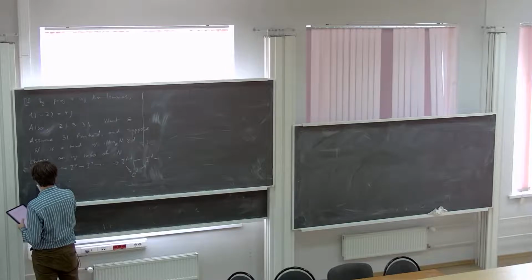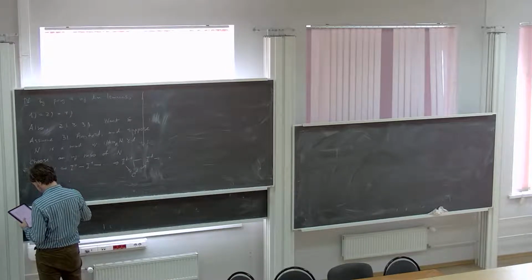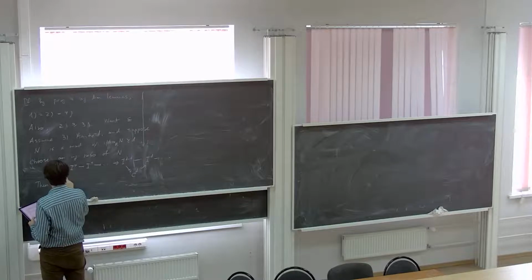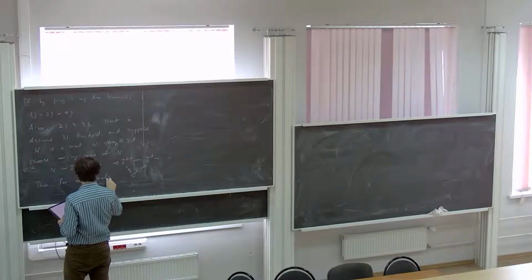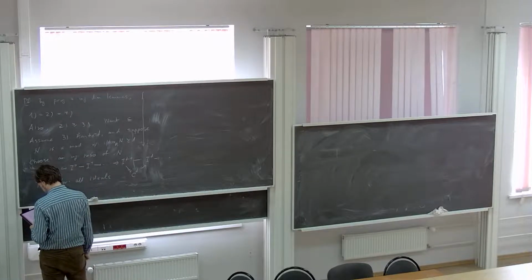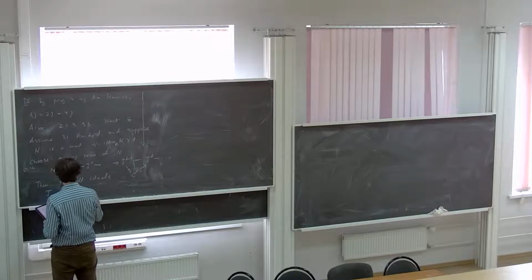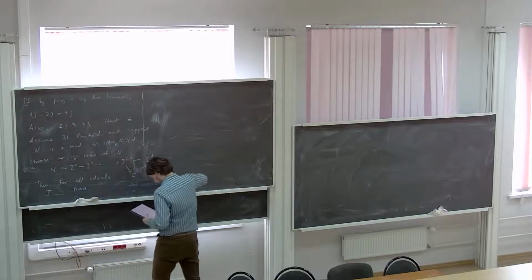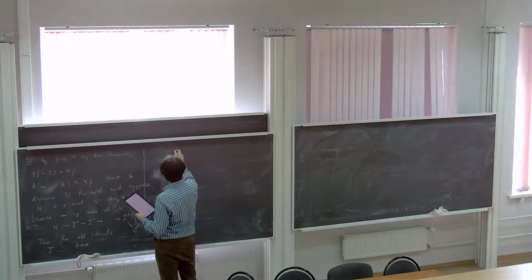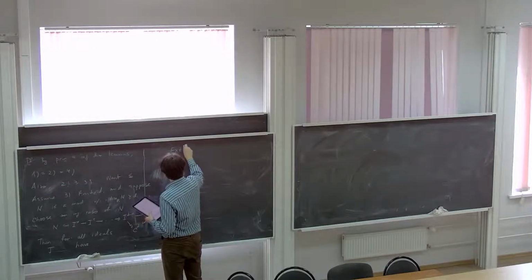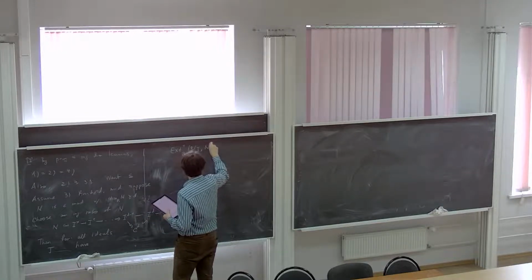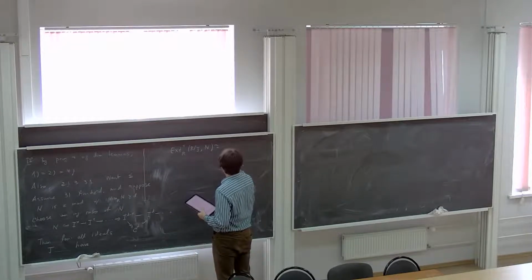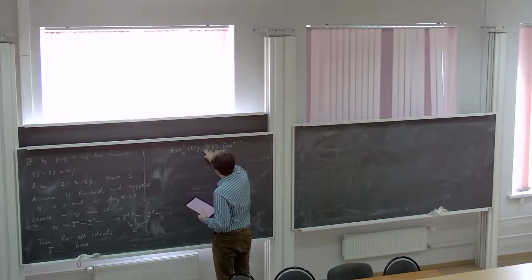So then, for all ideals J, we have Ext^1 from R mod J into N. This will be the same as Ext^(D+1), not into N, but into C_D.